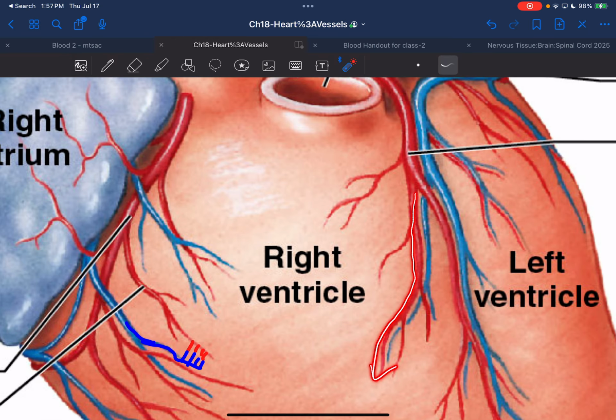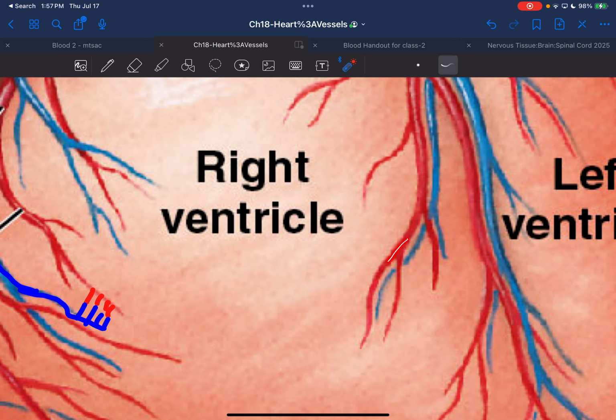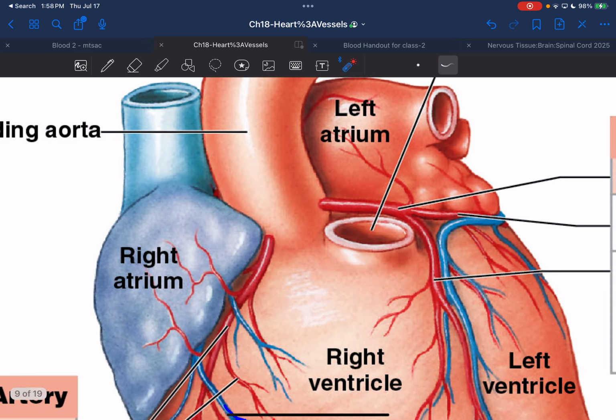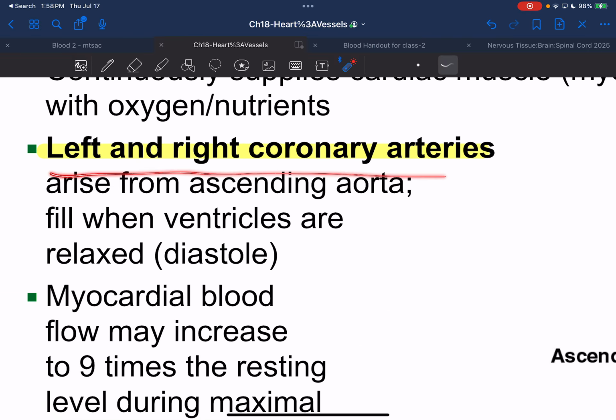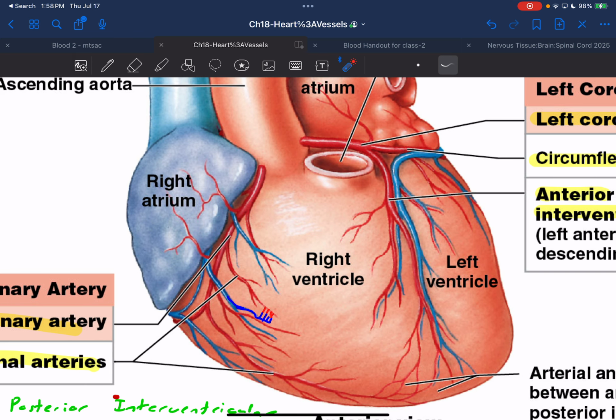Once it does, remember that we have capillaries that connect to the venules, and so the blood cells drop off oxygen, and then they make their way back to the heart. The coronary arteries are dealing with how blood gets sent to the entire cardiac muscle.